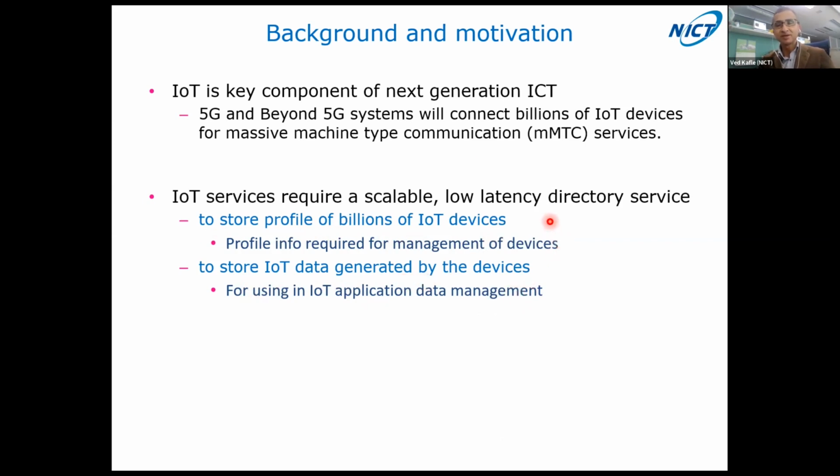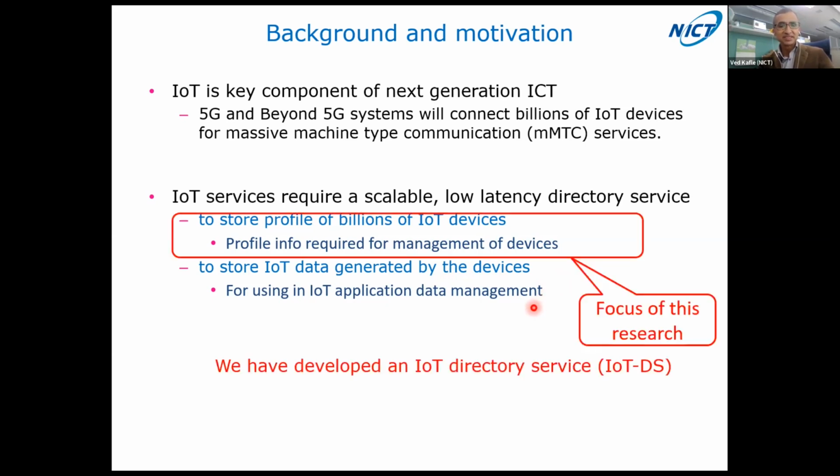One type is the data about the IoT devices, maybe the location of the IoT device, or what we call security keys or certificates, or the addresses of the IoT devices. And the other data is the data generated by the IoT device. It may be data coming from sensors like temperature, pressure, or rainfall, or whatever we are measuring. That would be the IoT data.